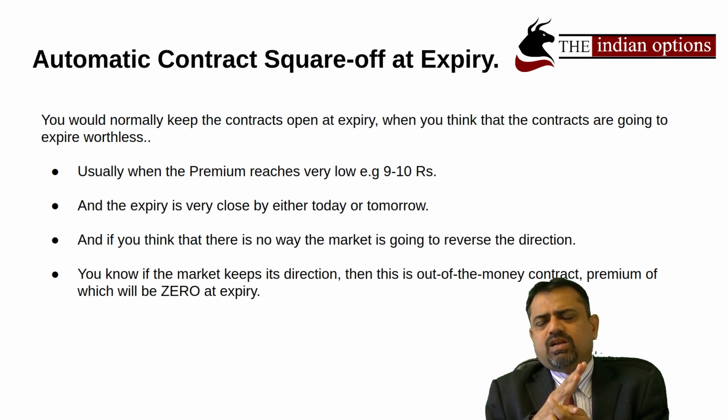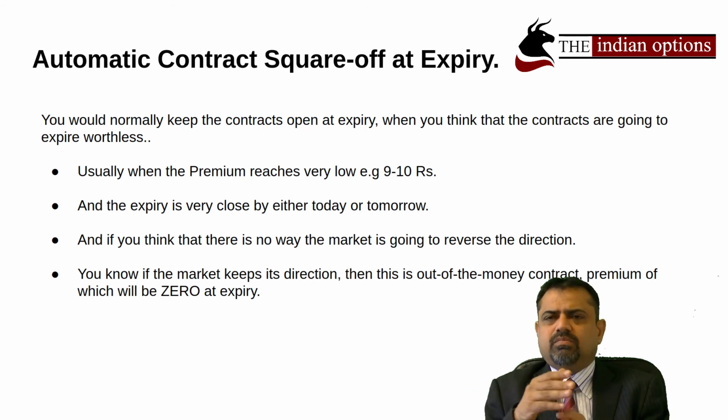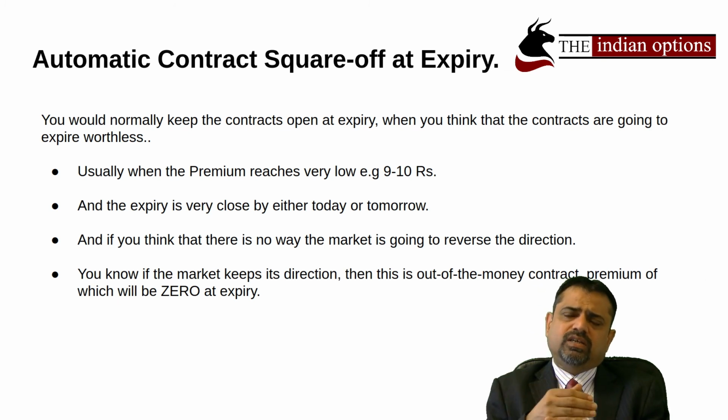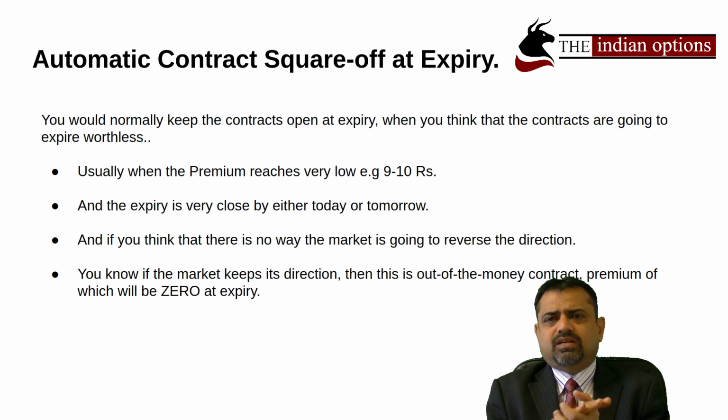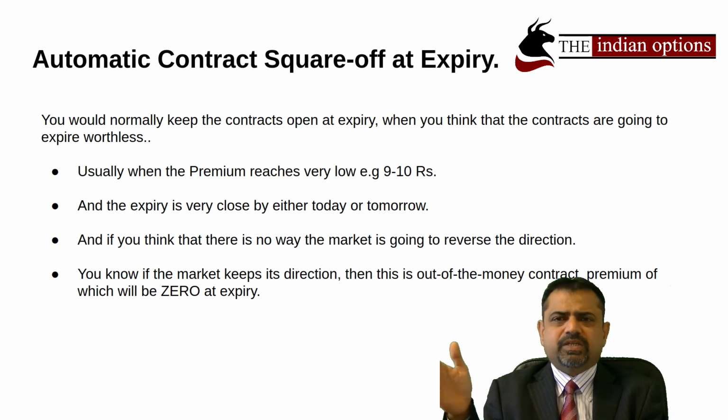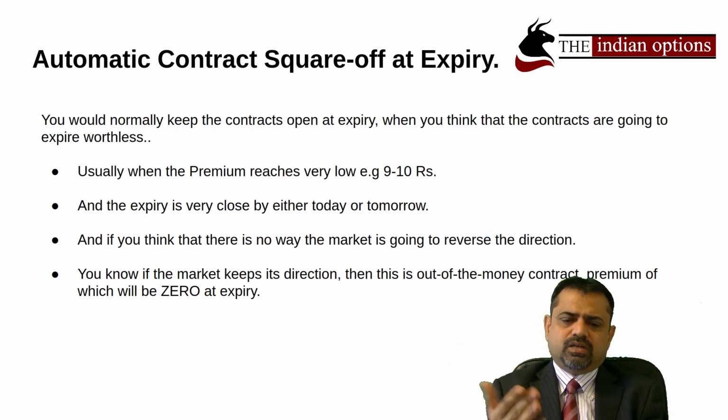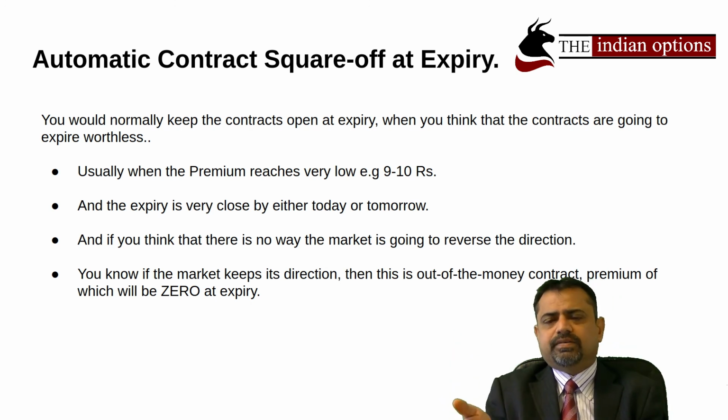People usually try to keep the contracts which they know are going to expire worthless, to save some brokerage, because you need to pay brokerage, and actually the brokerage amount is really very small. So I would prefer, why take risk? If you have to close, just close it. Why wait till the expiry? That's my thinking, but your thinking could be different.